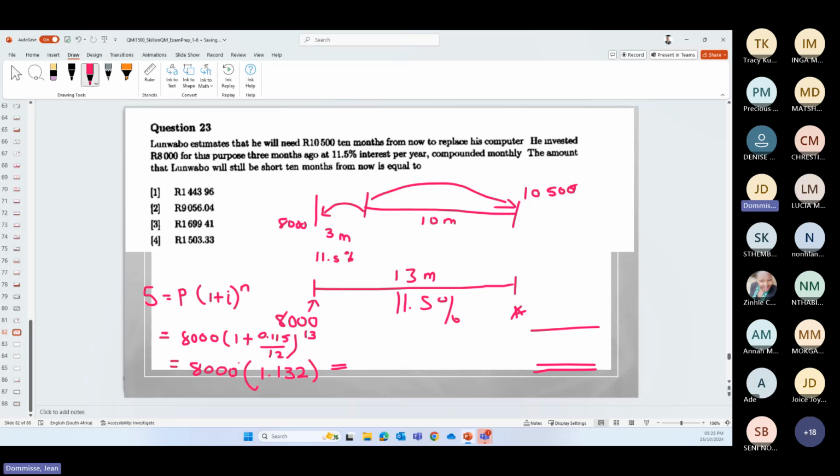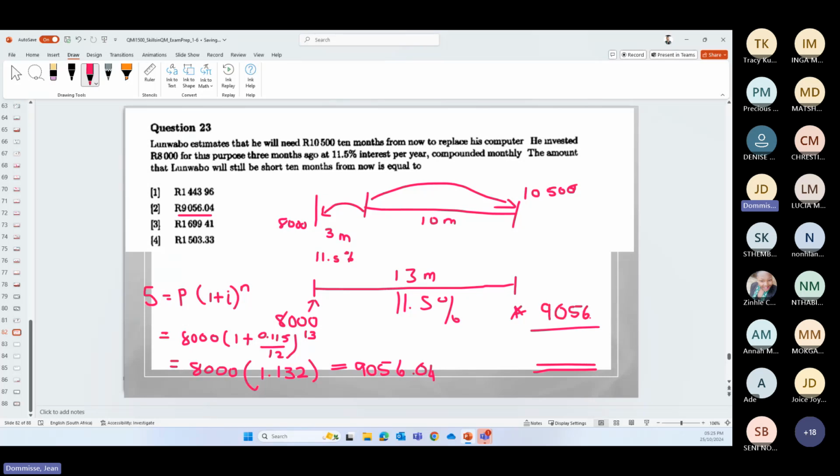So if I work this out, I get 9056.04, but I want to know the difference.